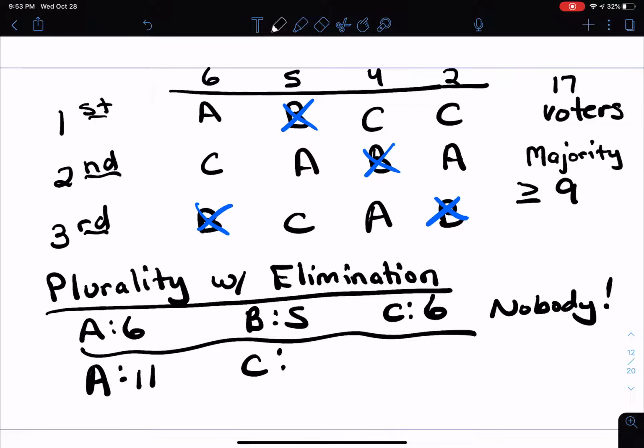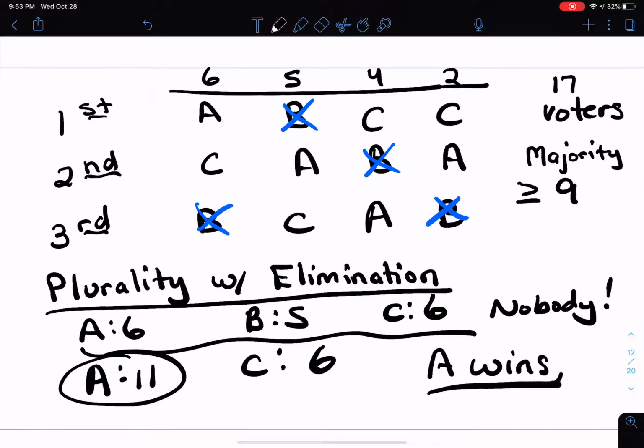C has 6 of the first place votes. So we can see that A would win this. All right.